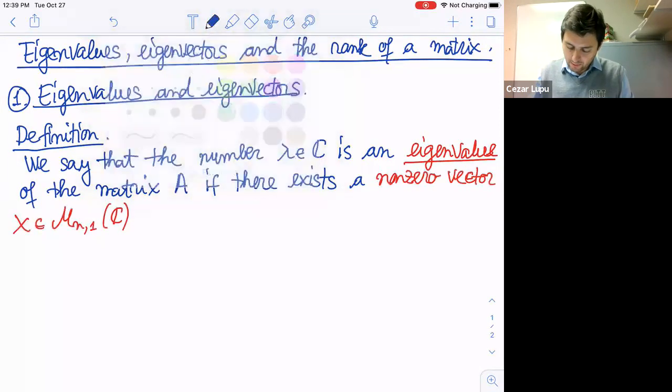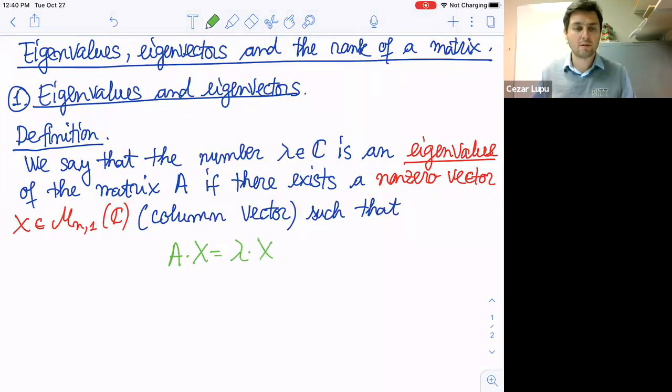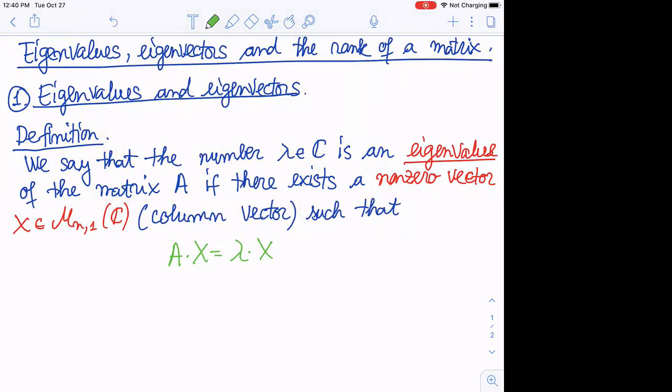So it's a column vector, such that the following equality holds true. Let me write it like this: such that A times x is lambda times x. So this is the definition for an eigenvalue.